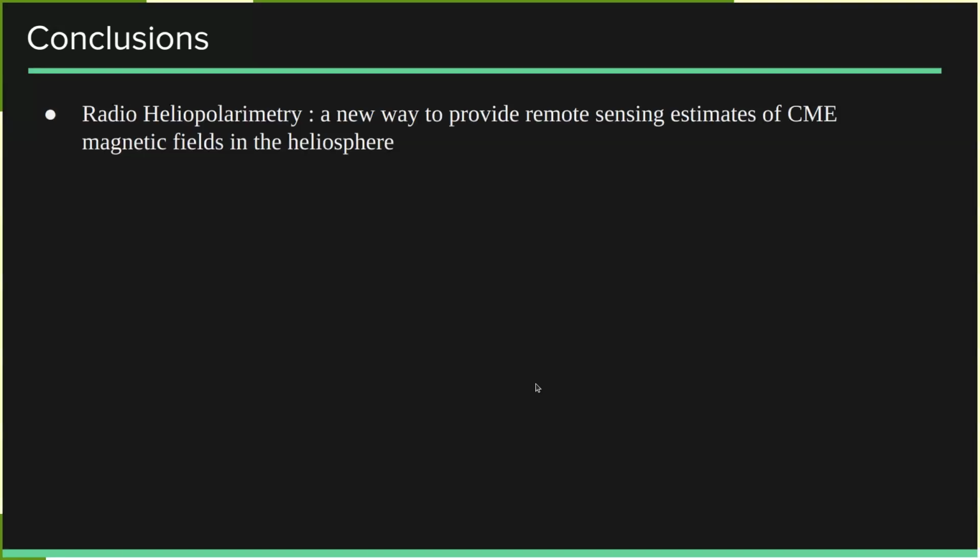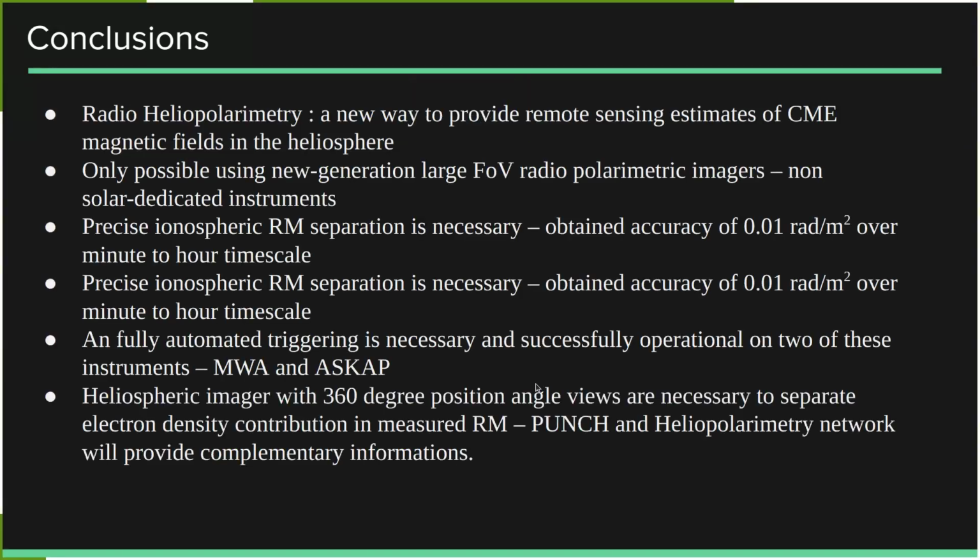So the conclusion is that this is a new way to provide the heliospheric magnetic field estimation, and we need coordinated observations with the PUNCH white light observations. We have developed an automated triggering system that can be useful for observing using this ground-based system, and the PUNCH observations and this global heliopolarimetry network will provide complementary information.